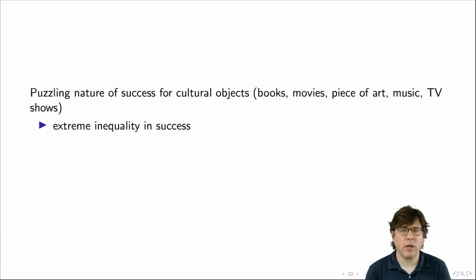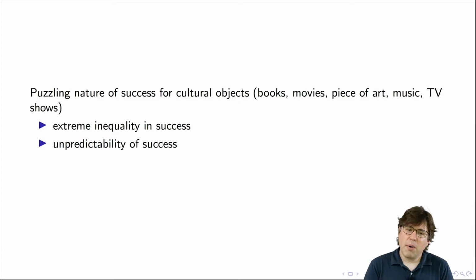These are sometimes called winner-take-all markets or superstar markets. That would lead you to believe that these winners, these superstars, are somehow different than all the other objects. But yet, at the same time, there's tremendous unpredictability of success. It's estimated that something like 90% of artists signed by major record labels lose money.